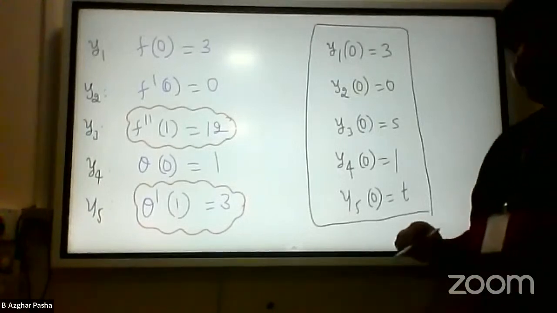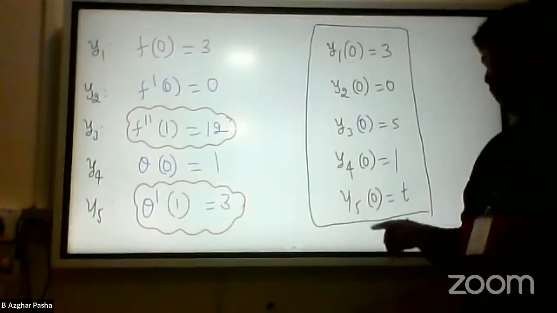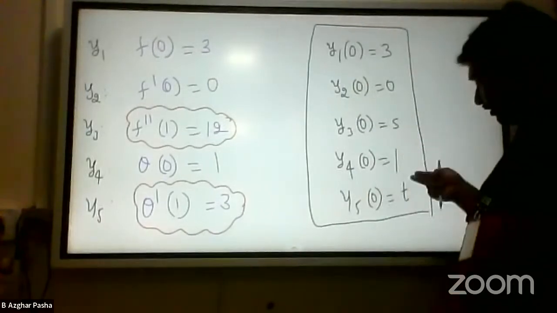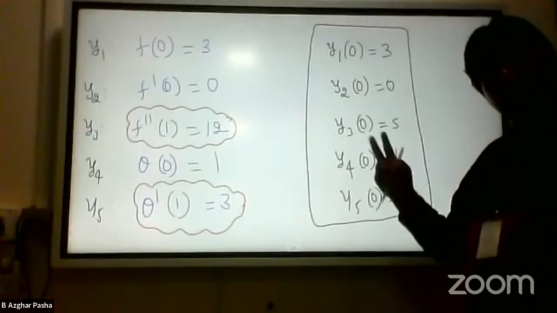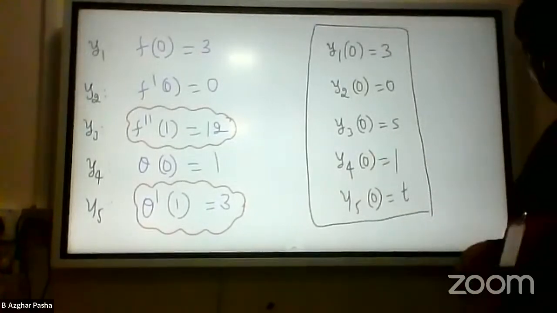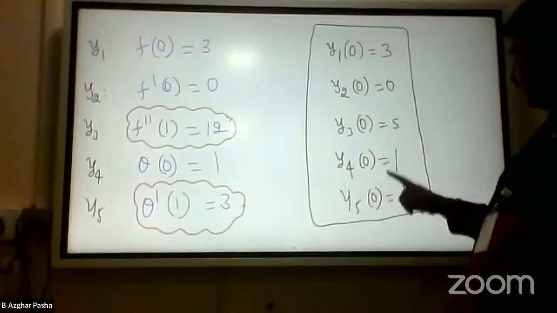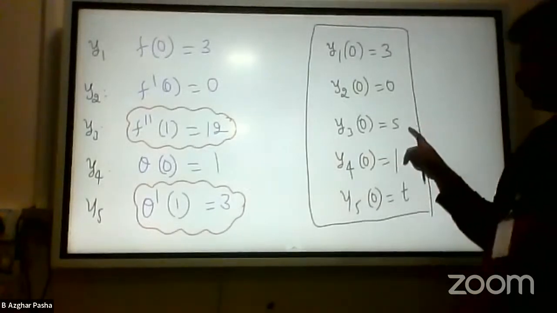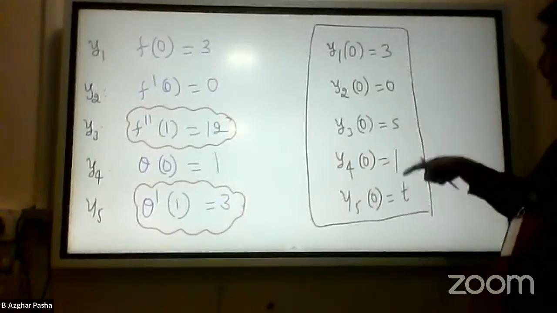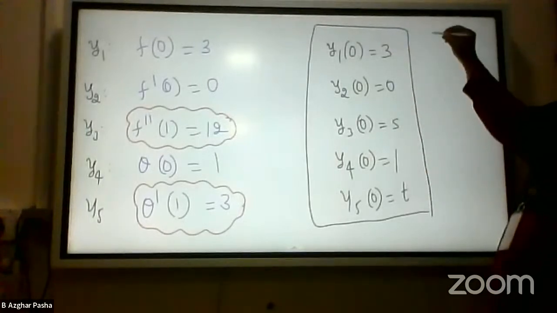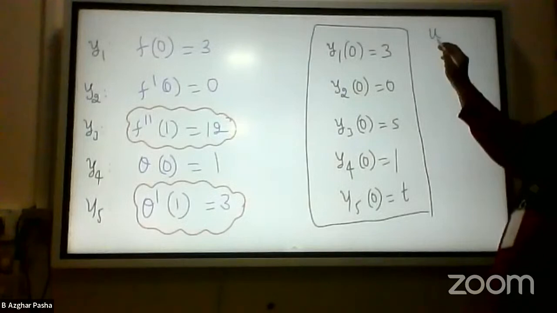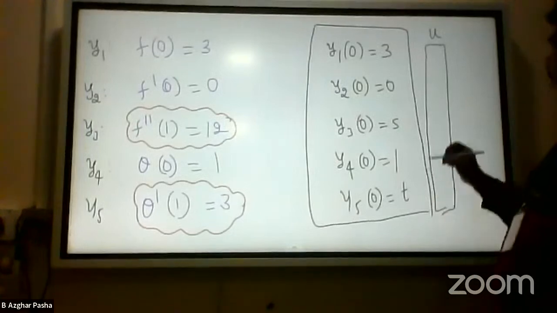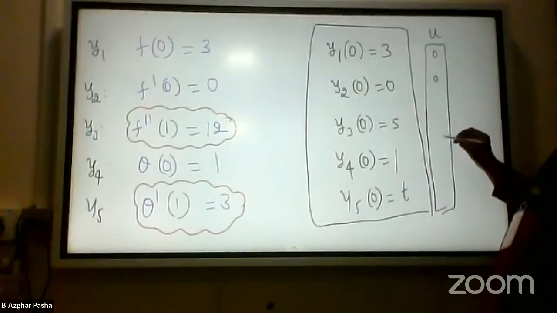But as I illustrated in the previous case, when there was one unknown, you had another initial value problem. Here there are two unknowns, so two more sets of initial value problems will come along with s, one associated with s, another associated with t. For the one associated with s, all other conditions become 0.